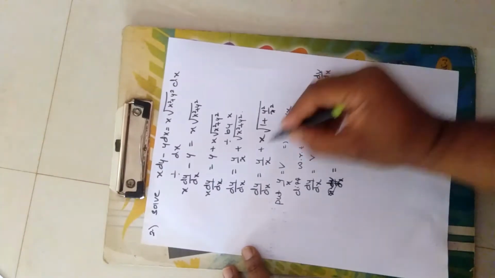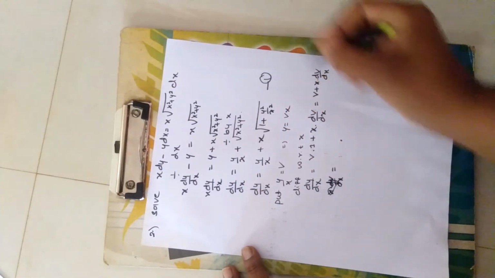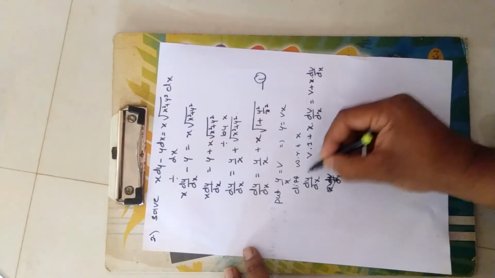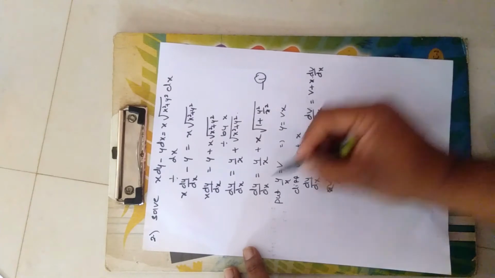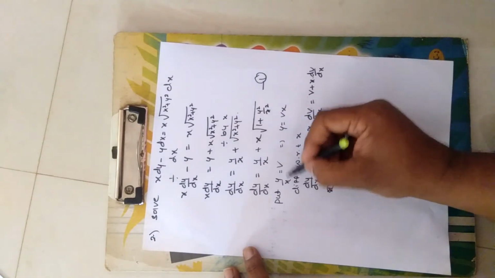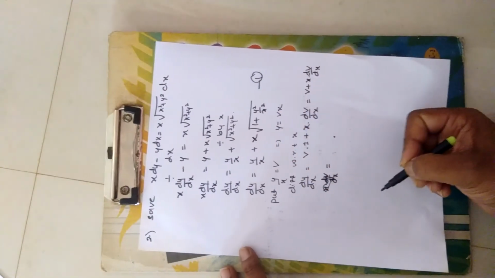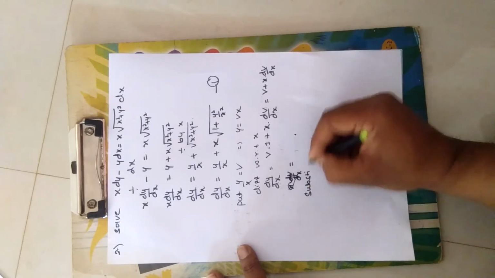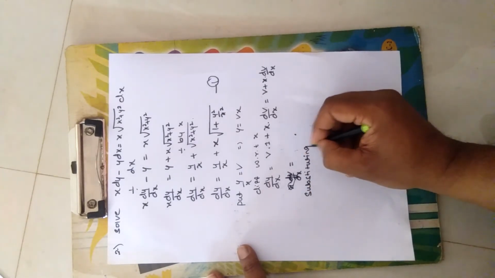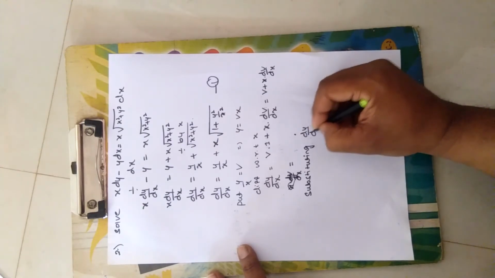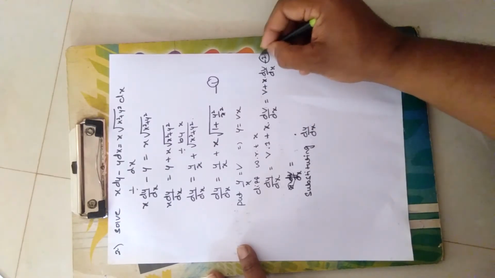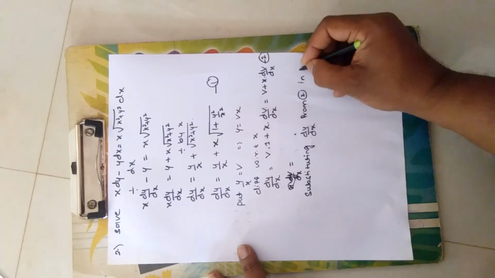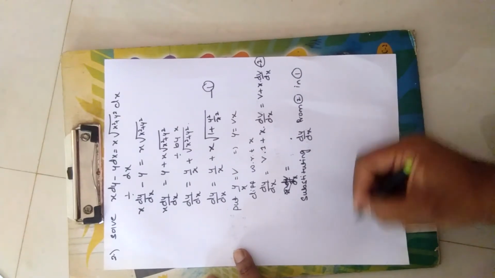Call this equation 1. Now substitute dy by dx as v plus x into dv by dx and y by x as v, that is from 2 in 1.